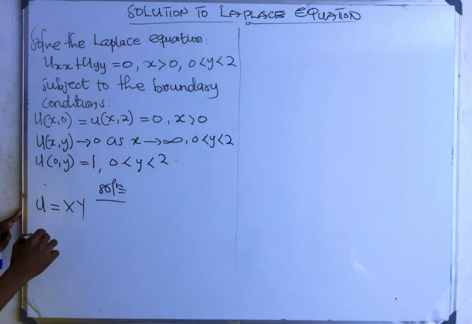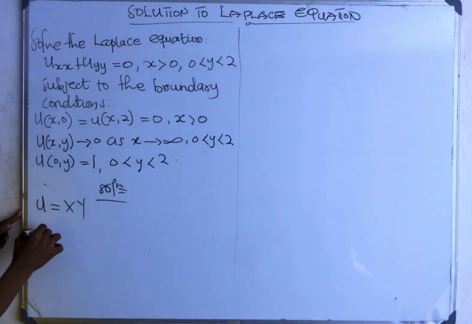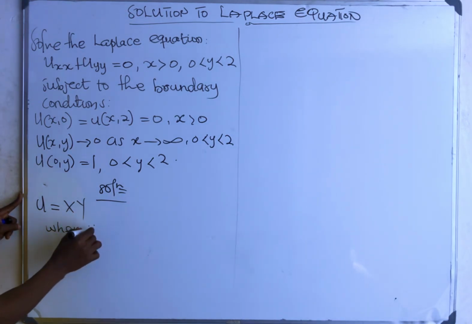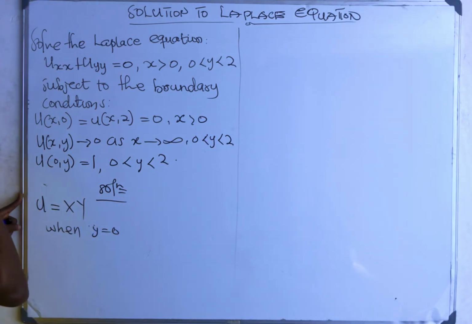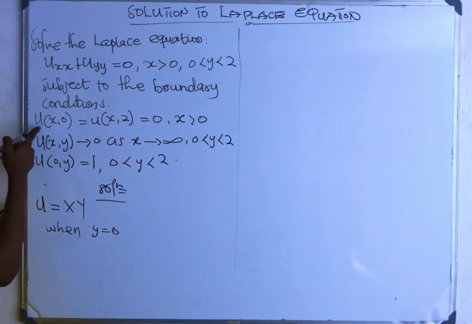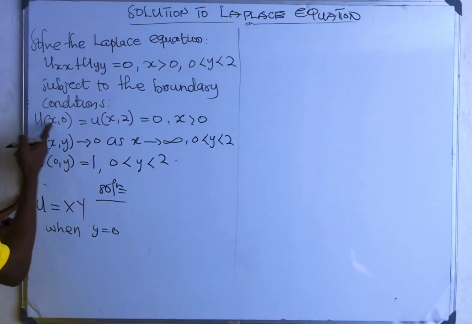We set that condition where we said that when y is 0, what happened? When y is 0, u is already 0. That's why I said this u is 0.